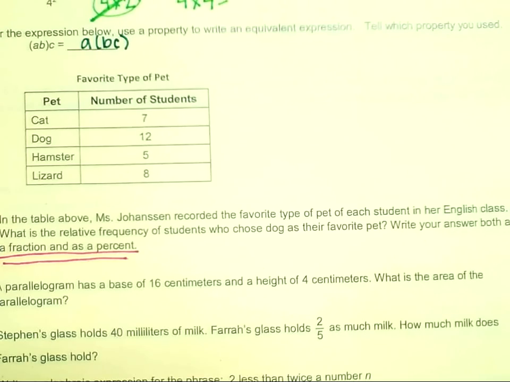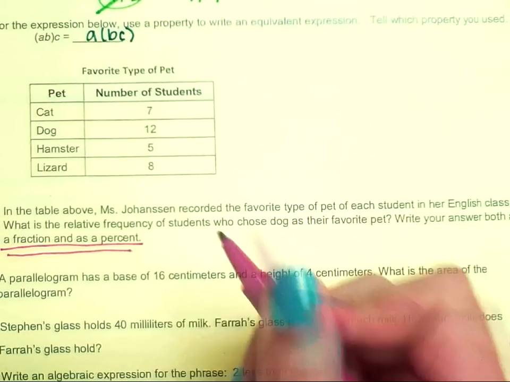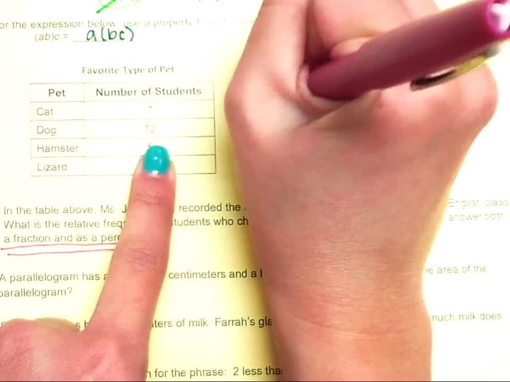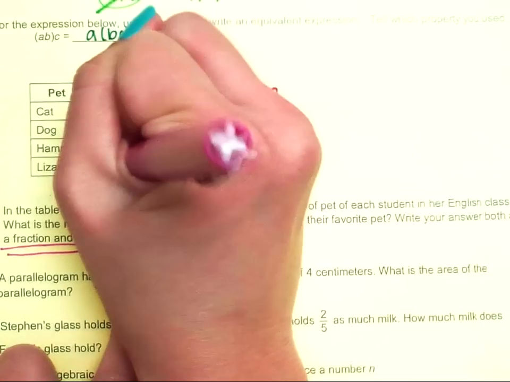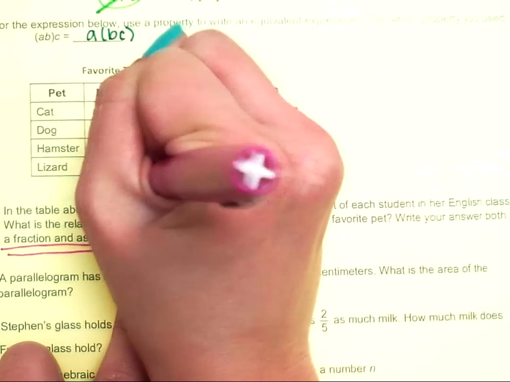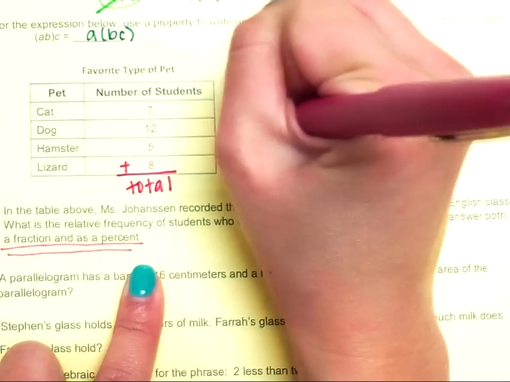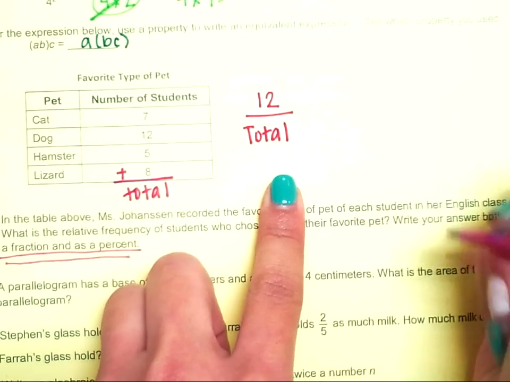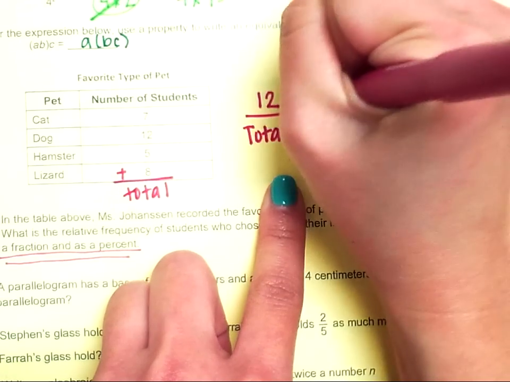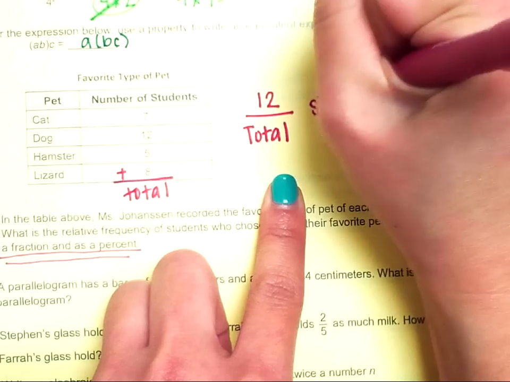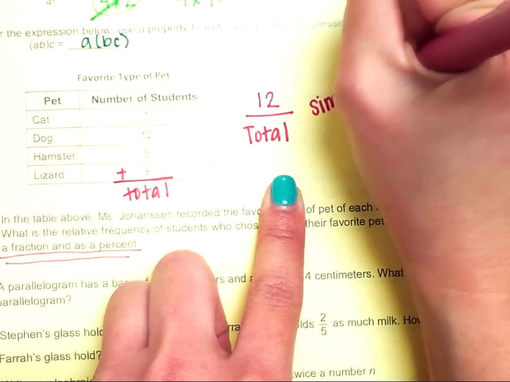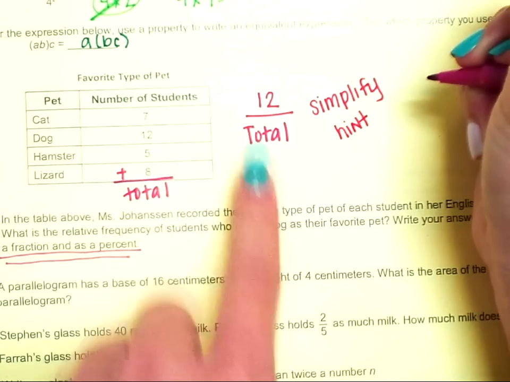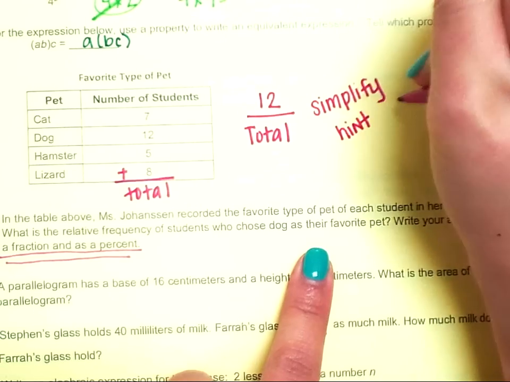Relative frequency, you need to know the total. We know the dog, they all chose 12. Now you have to add this up to get your total. This will be your fraction, but you have to simplify. My hint to you is that you can divide both numbers by 4 evenly.